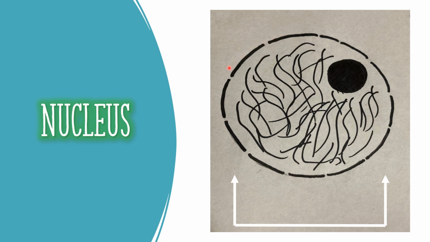It also contains the nucleolus, the black spot right here, that produces an organelle called ribosomes. So that's like a protein from the nucleolus.